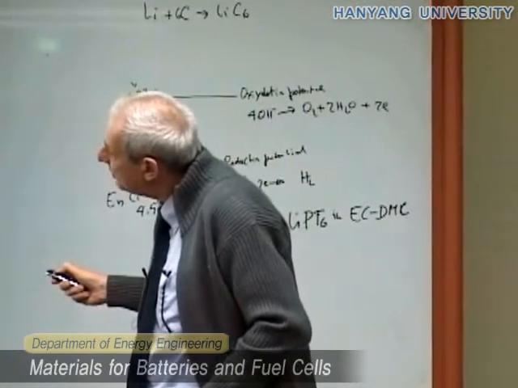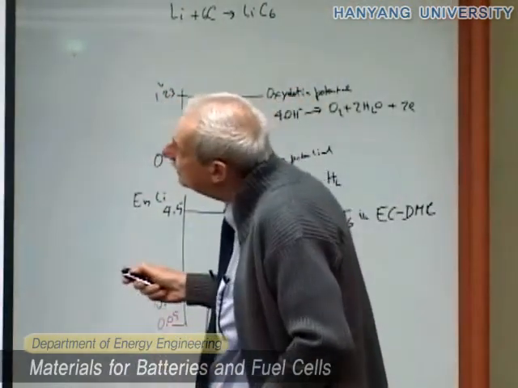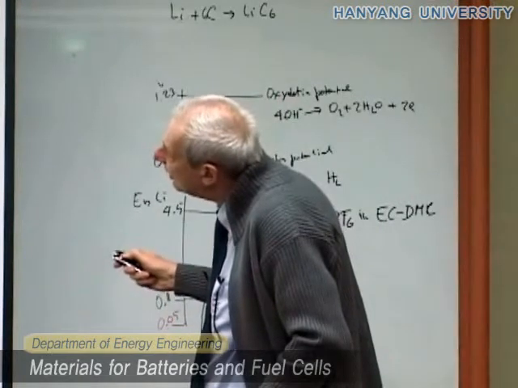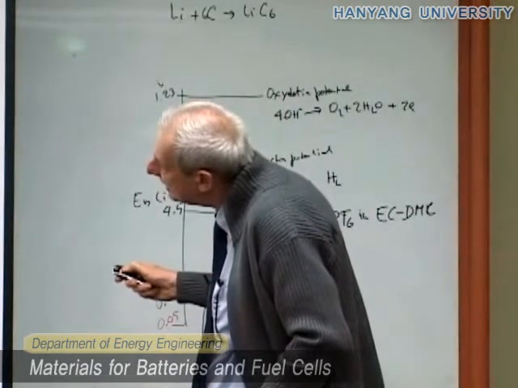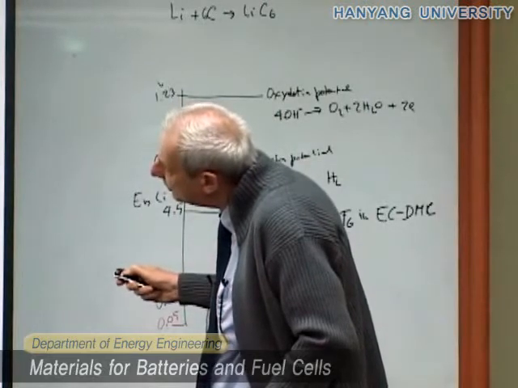All right, and this process gives, oh no, sorry, the fast discharge is the red one. And in fact, you see at 0.8 this plateau, due to the decomposition of the electrolyte.